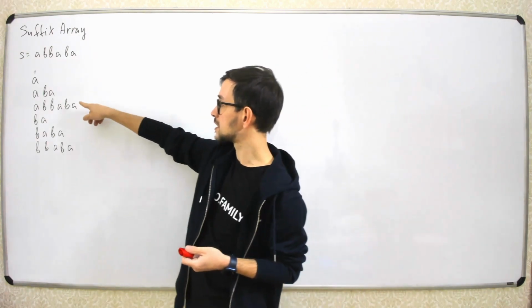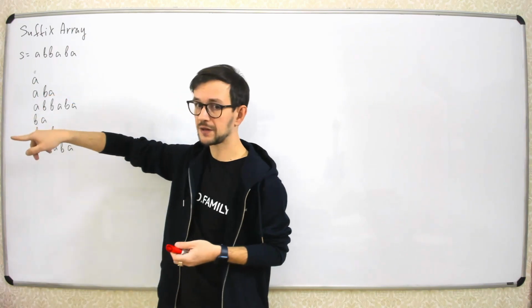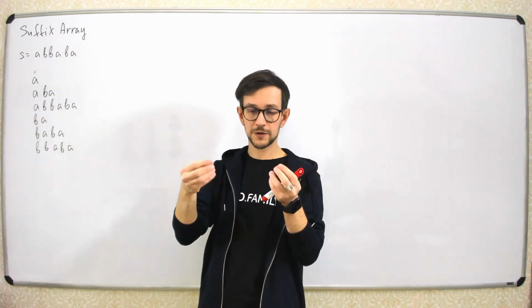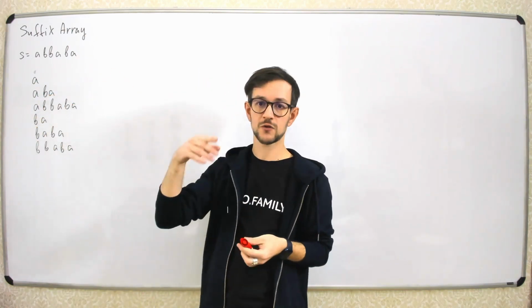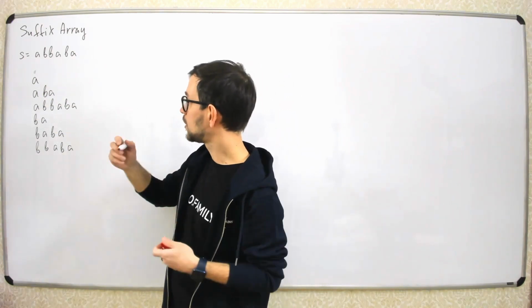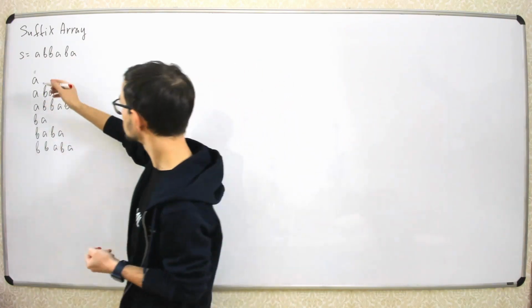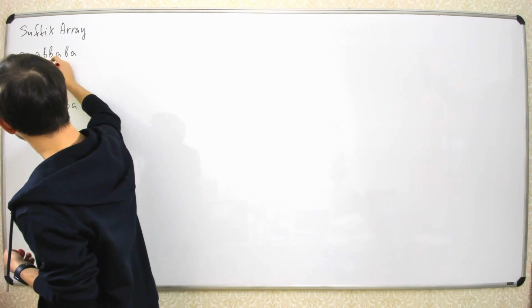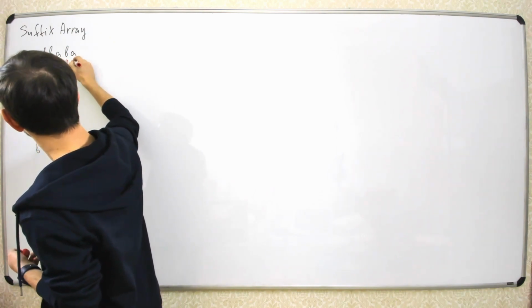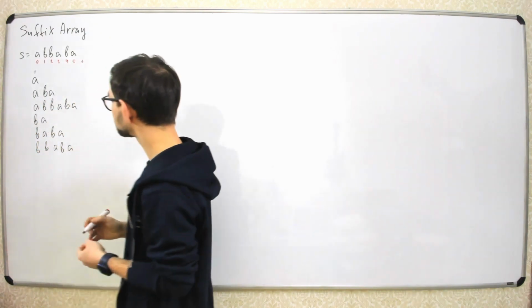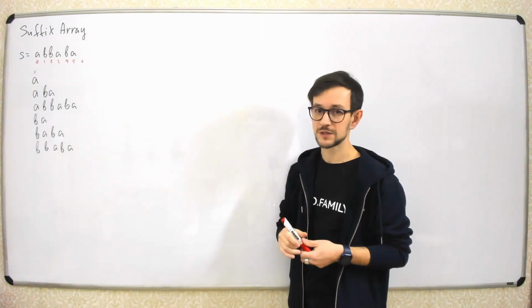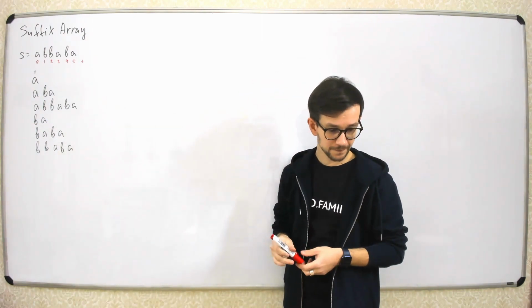Instead of storing this suffix, we will say that this is the suffix of the string S starting from this letter. So we will enumerate all the characters from left to right, like usual: 0, 1, 2, 3, 4, 5, 6. 6 is just the end of the string.